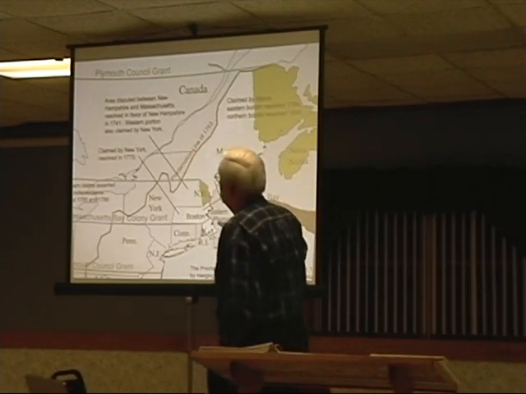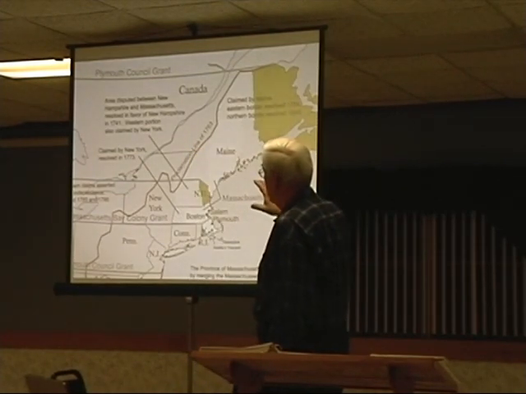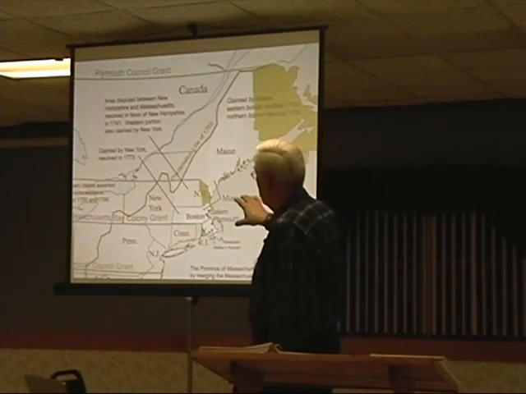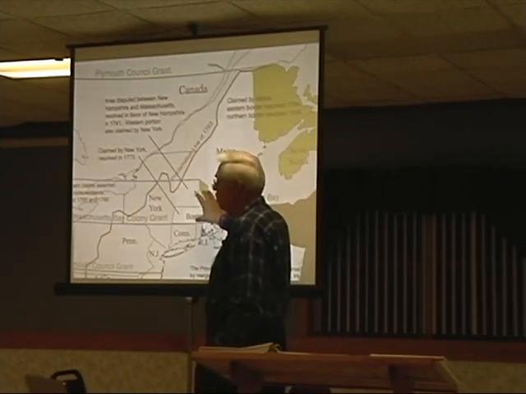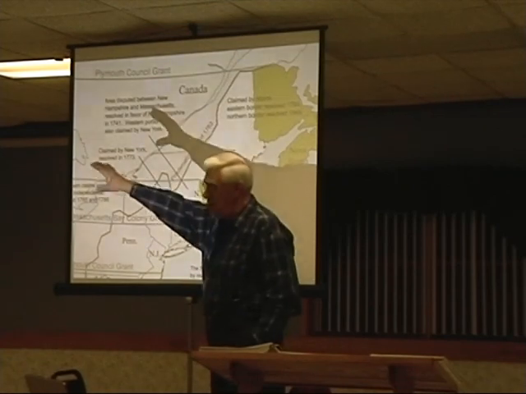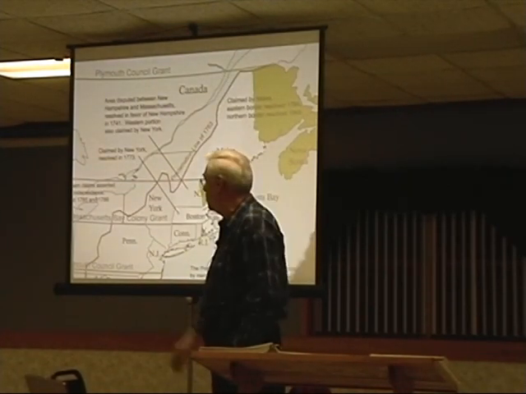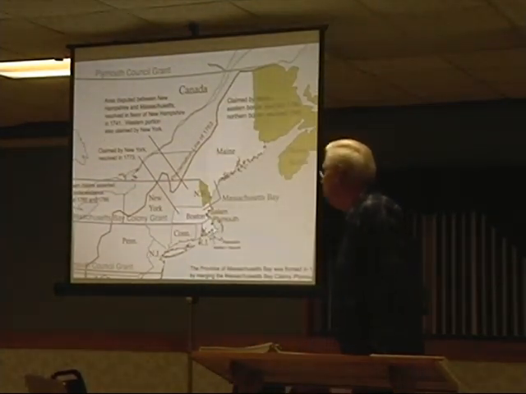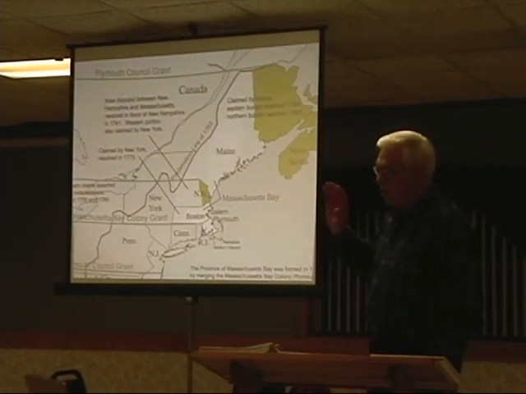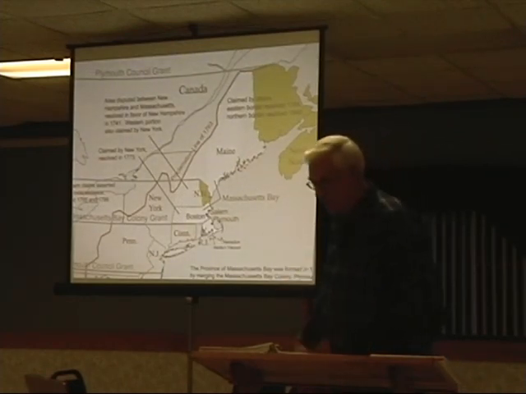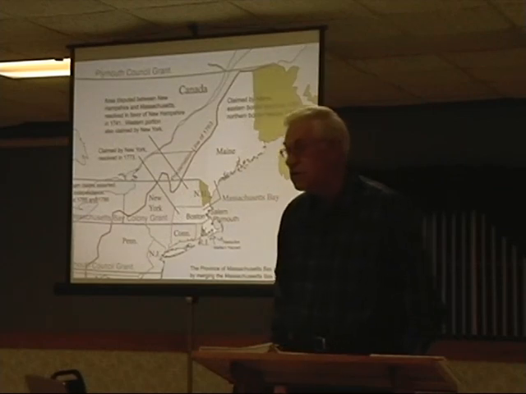Now basically, when they gave a grant, the title was for the land from here, from sea to sea, even though they didn't know how far that was. It was given as a total grant across however big the nation or the country was.